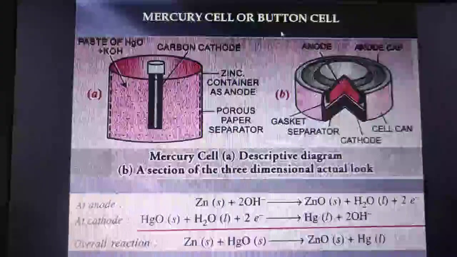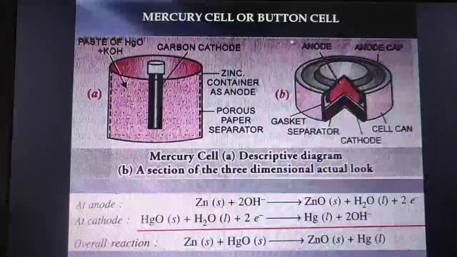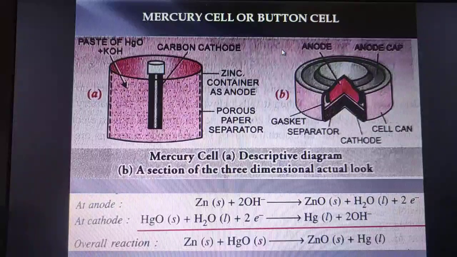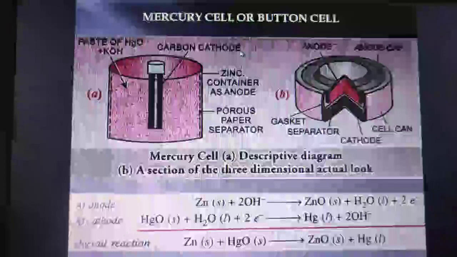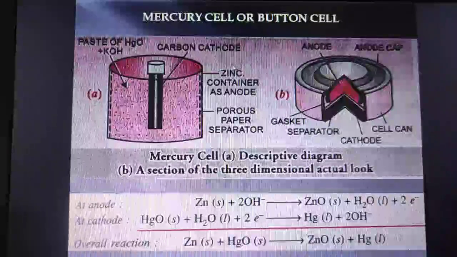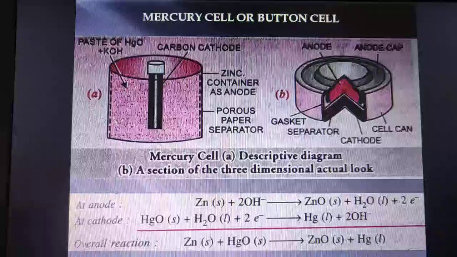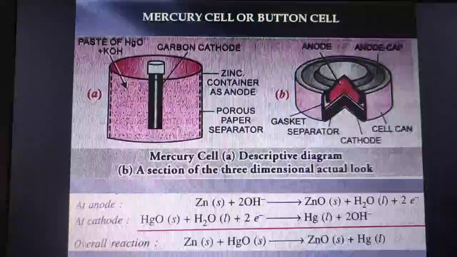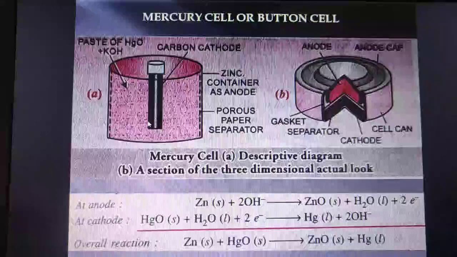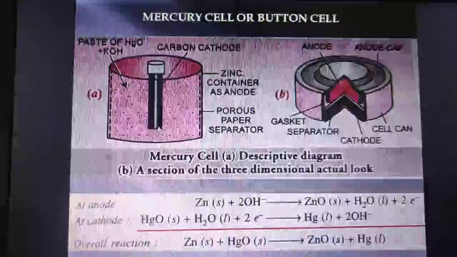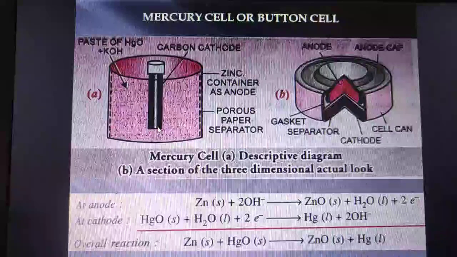It is called a button cell because of its compactness. It is used in hearing aids, watches, etc. because of its small size. It also consists of a zinc container which acts as the anode, a carbon rod as cathode in the middle, and a paste of mercury oxide mixed with KOH.